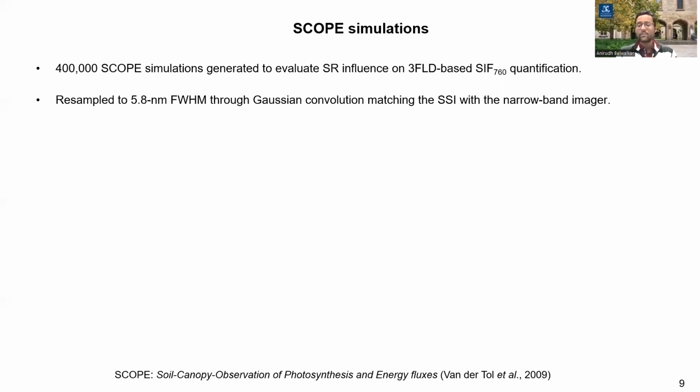The default 1 nanometer spectra from the SCOPE simulation was then resampled to 5.8 nanometer FWHM to match the spectral characteristics of the narrowband hyperspectral imager.